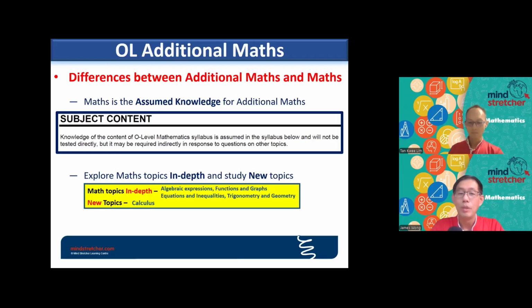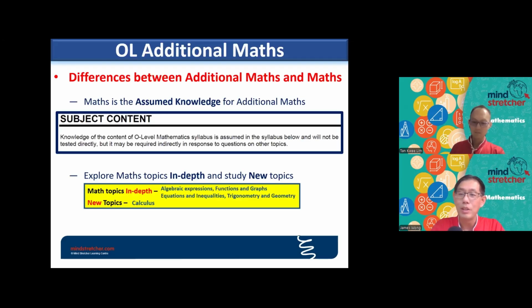Between math and additional math, there is some overlap in topics. There will be some topics that your child has been learning since Sec 1, Sec 2, and now Sec 3, or for those in Sec 4. But you will find that some of the same topics also appear in additional math, in a slightly different context, going a bit more in depth.